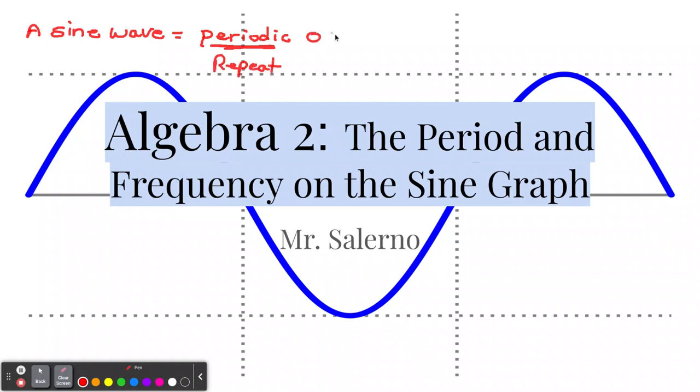Periodic, and here's a fancy word, oscillations. Oscillations means they wave back and forth. So a sine wave, like when you wave, you're waving back and forth, up and down. You can see the sine wave, the blue line, going up, going down and back up, and it's going to repeat itself.